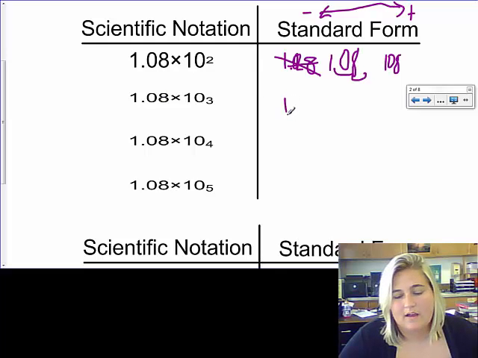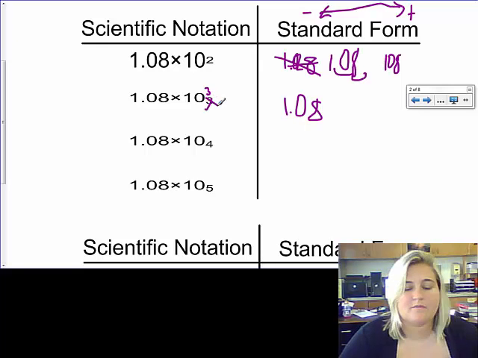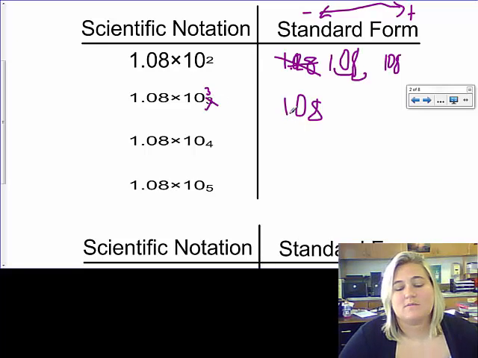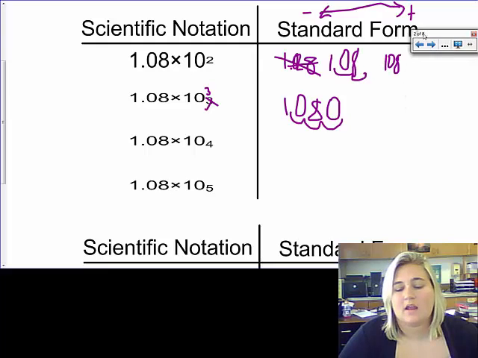If I have 1.08, my coefficient part, and I want to change it from scientific notation to standard form, I'm going to move it, that exponent of 3, which should be written up here, not down there, 3 times in the positive direction. 1, 2, and 3. Because I have this empty space, I have to fill it with a place filler, which is going to be a 0. So my number in standard form would be 1080.